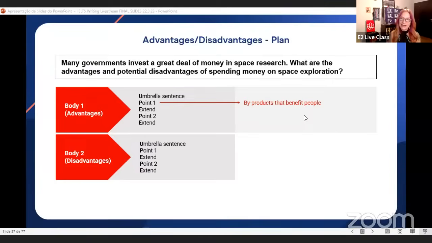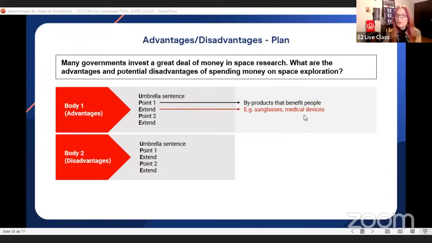In some essays, there is, do the advantages outweigh the disadvantages? Then you have to choose. But in this prompt, where it just asks what are the advantages and disadvantages, you do not choose. You express what you believe are advantages and disadvantages, okay?